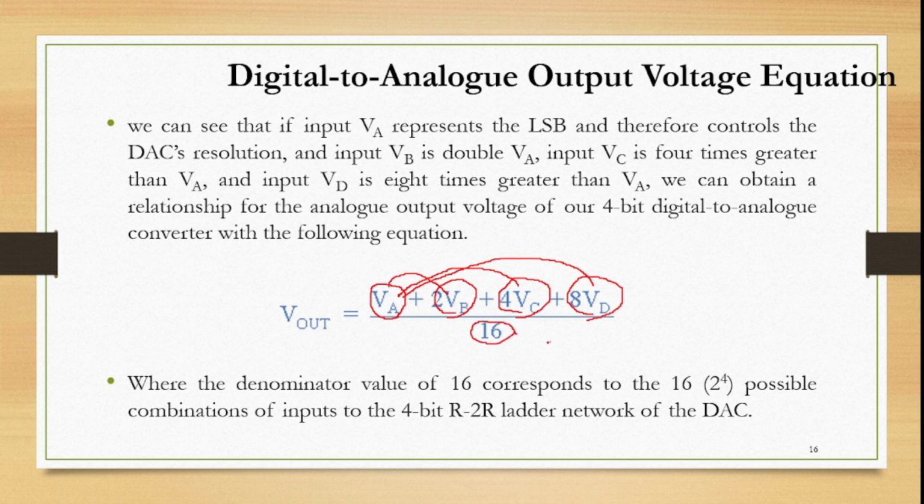16 means for a 4 bit, 2 raised to 4 is equal to 16. So if you have to find the V out voltage, we can find it by putting in the values of the digital numbers. Suppose 0 0 0 0, then V out will be equal to 0 as the term is 0.